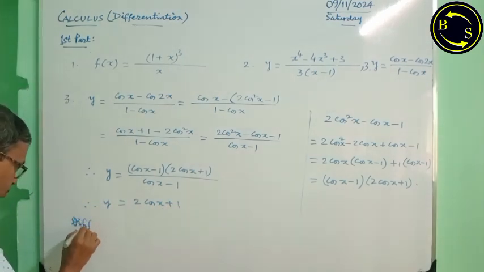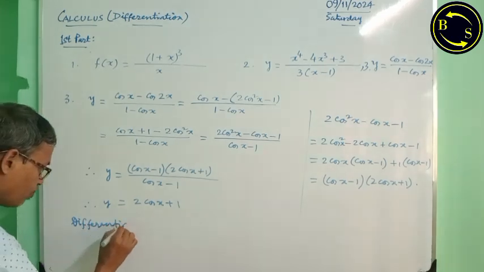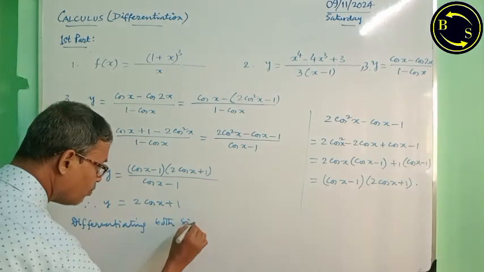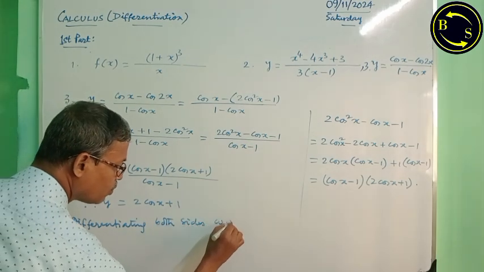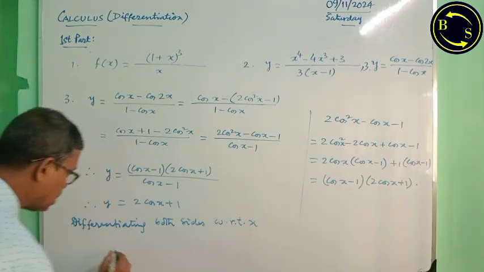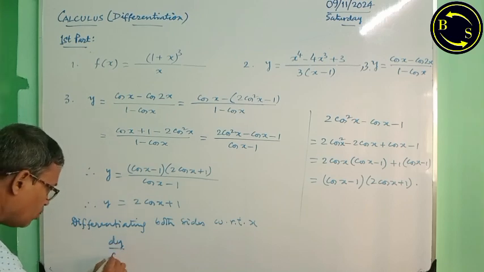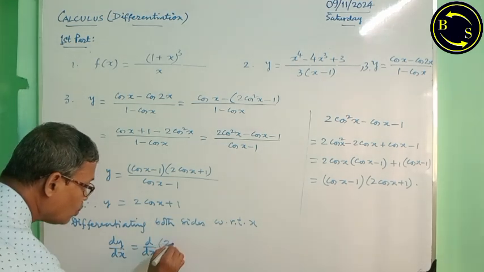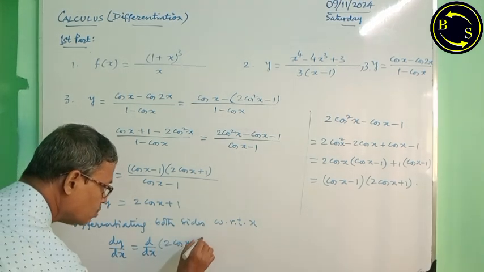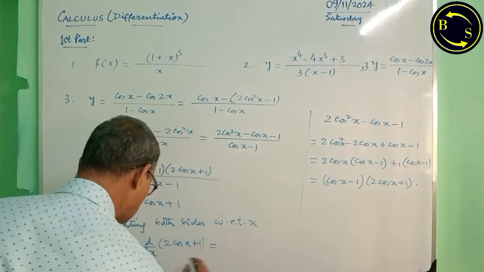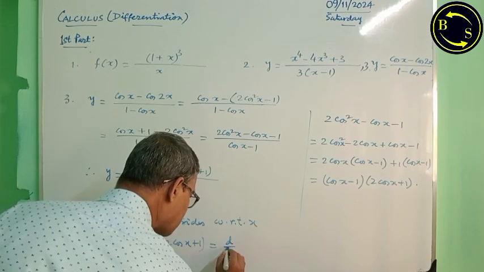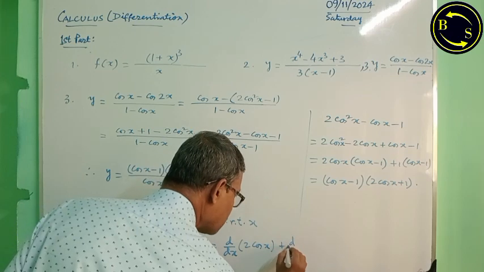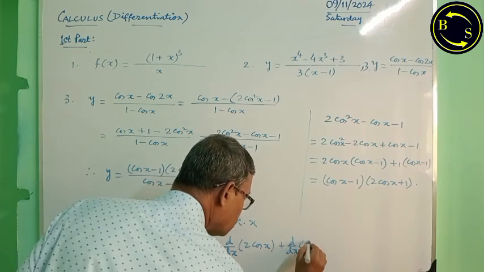Differentiating both sides with respect to x, dy dx equal to d dx of 2 cos x plus 1. Now apply fundamental theorem. d dx 2 cos x plus d dx 1.